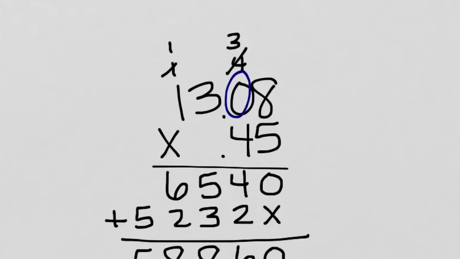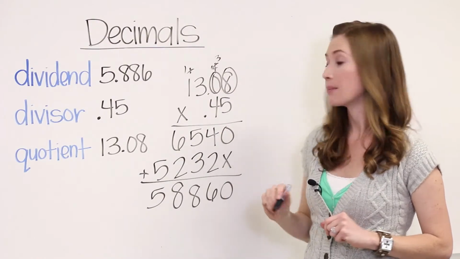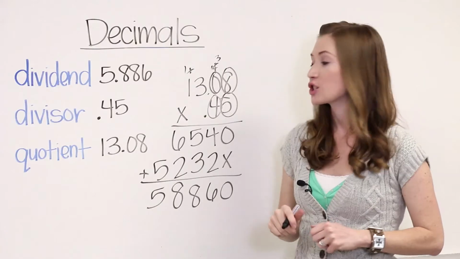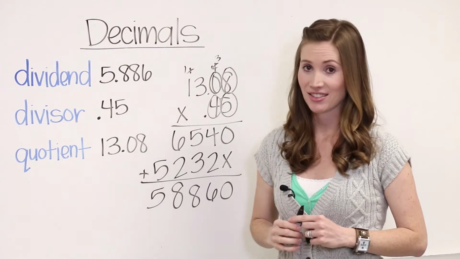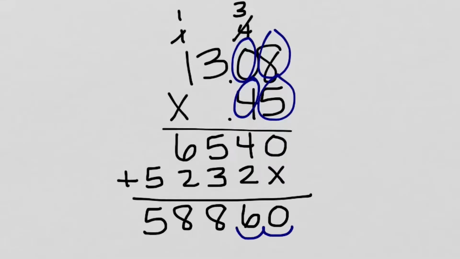We have 2 digits to the right of our decimal in our top number, and 2 digits to the right of our decimal in our bottom number. So we're going to move our decimal point 4 places to the left. Let's do that. 1, 2, 3, 4.